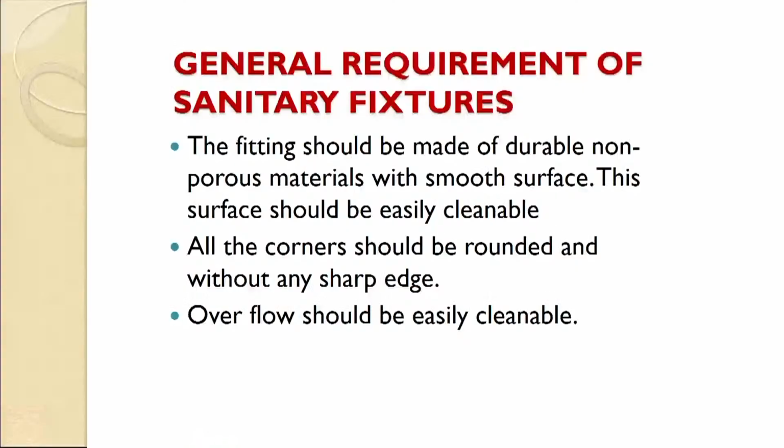Now, what are the general requirements of sanitary fixtures? First and the most important point is that it should be durable, non-porous material, because every day there are chances of impact. If it is porous material, it can be easily broken into pieces.